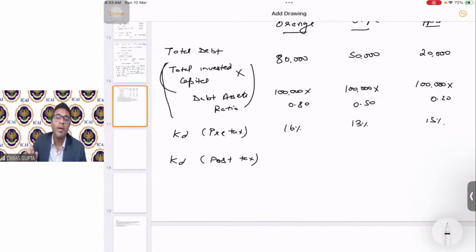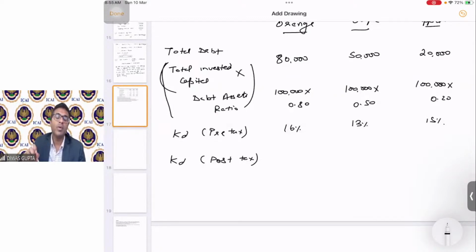Now let me tell you the reason why we use post-tax. Because debt is used from the point of view of leveraging our funds. How? Because in case of debt, the interest is deductible for tax purposes.